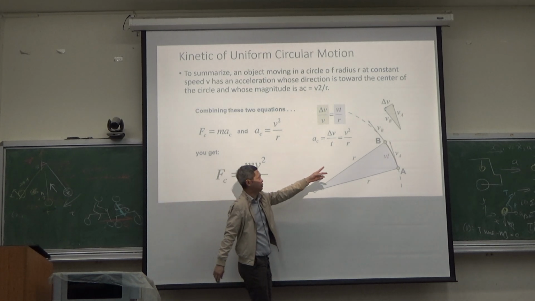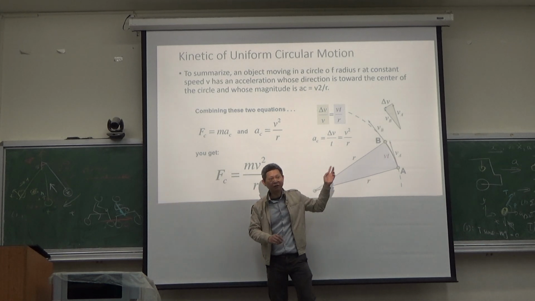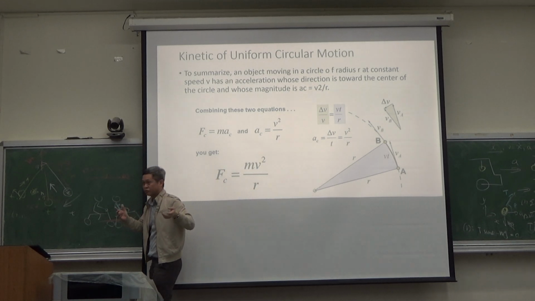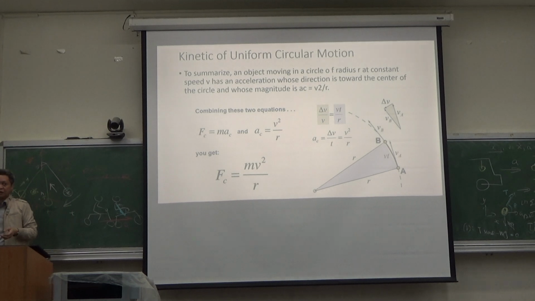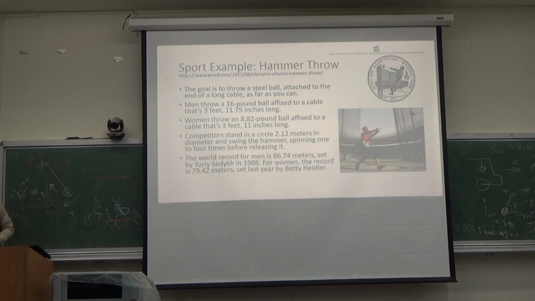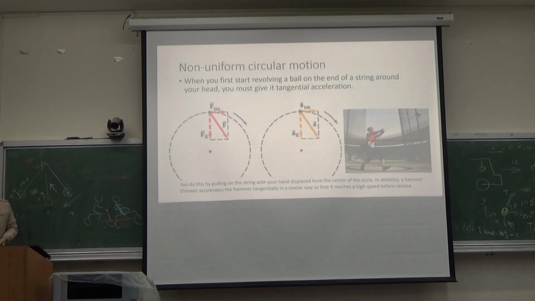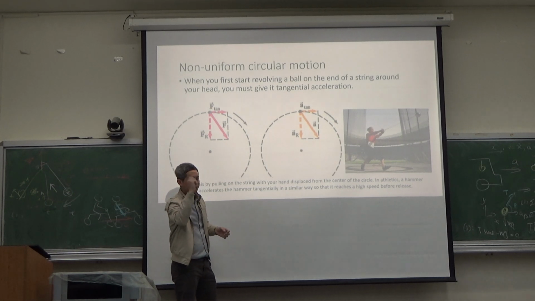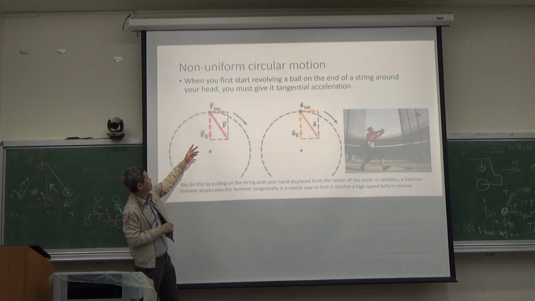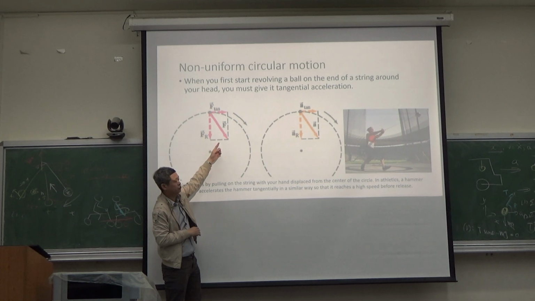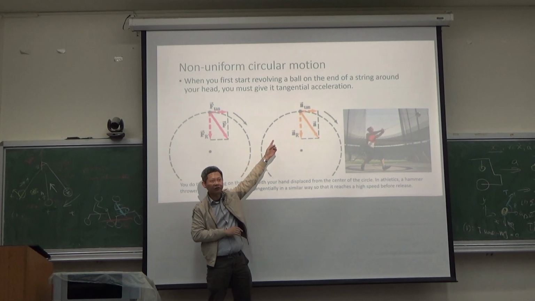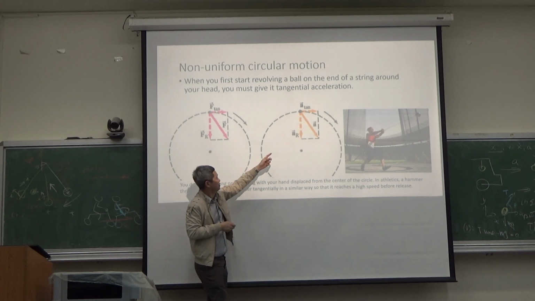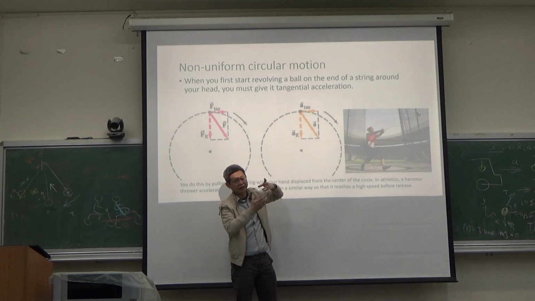Okay, it could be tested. So we may ask you to draw in the midterm. So how do you get the tangential acceleration? We might not ask you to calculate the number. We might ask you to do the drawing. Okay, so bear in mind how to draw. Okay. And then next, before throwing the hammer, you have to spin the hammer, and in that case, you require a tangential force to speed up the tangential speed, and at the same time, you need the centripetal force to keep the centripetal acceleration.